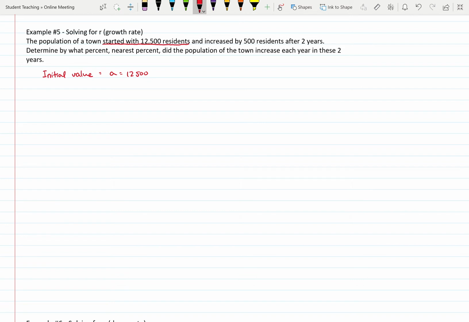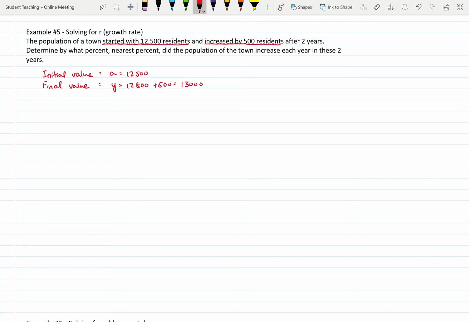Now it said increased by 500 residents after 2 years. That gives us two pieces of information. First, it tells us that at the end of 2 years, the population increased by 500. That gives us the final value, y equal to 12,500 plus 500, which is equal to 13,000.